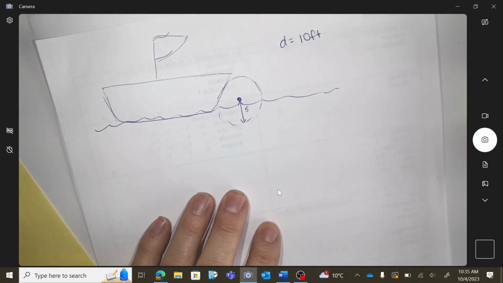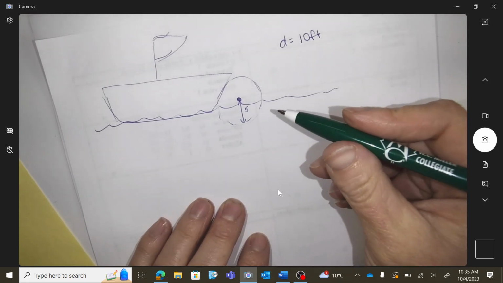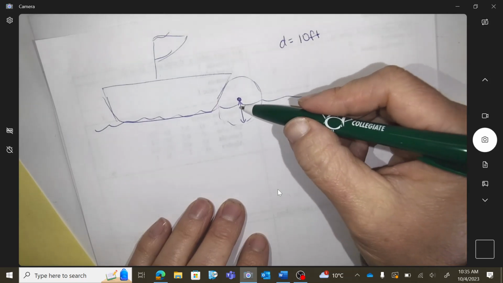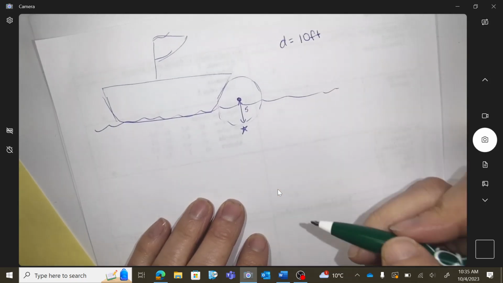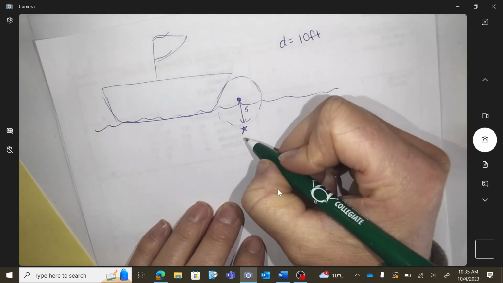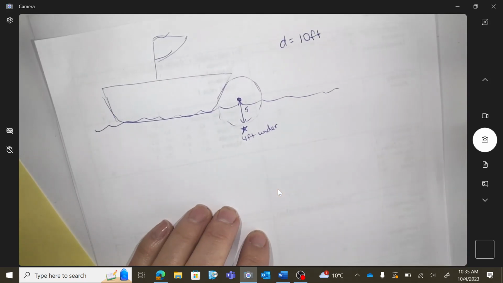Would you understand that the radius of the wheel is 5? Now, when I'm there, I'm actually 4 feet under the water.